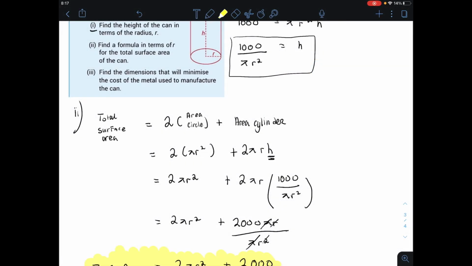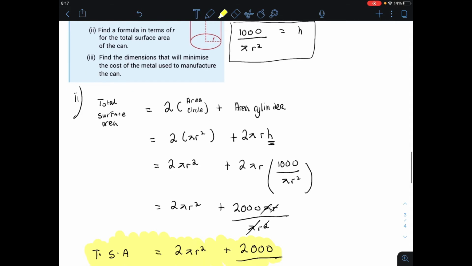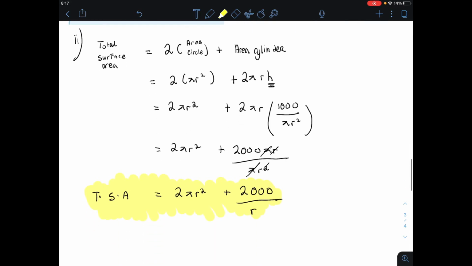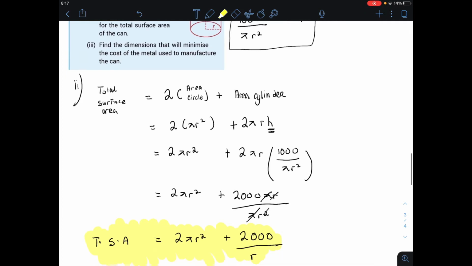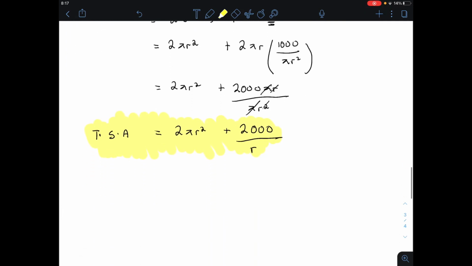Okay, let's have a look at part 3. Find the dimensions that will minimize the cost of the metal used to manufacture the can. So we want the dimensions, so we need to find what is the radius that will provide the minimum area of our can. So anytime we're looking for the maximum or minimum value, we need to derive our equation and put it equal to 0.